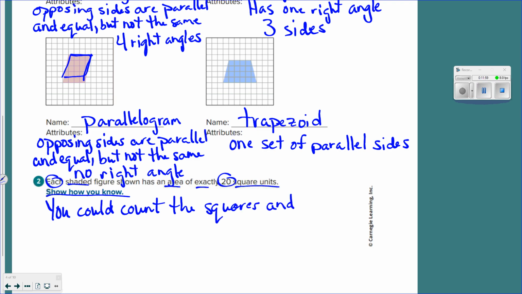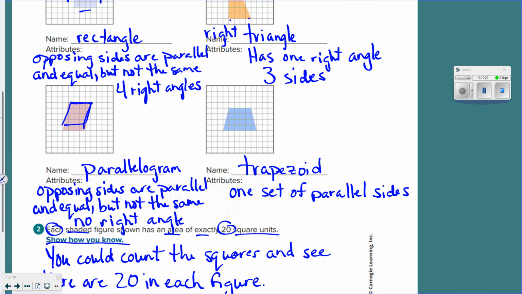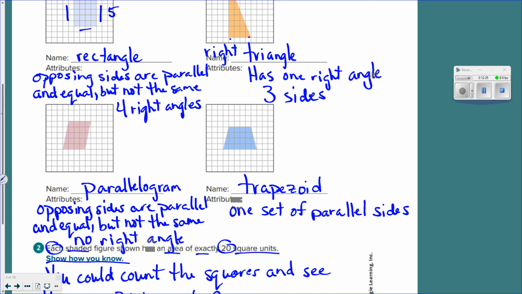What in each figure? Parallel means that they go sideways and they'll never touch. So if I take this line and extend it forever, those two lines will never touch in all eternity. And same on this side. If I extend those lines, they are never going to touch.